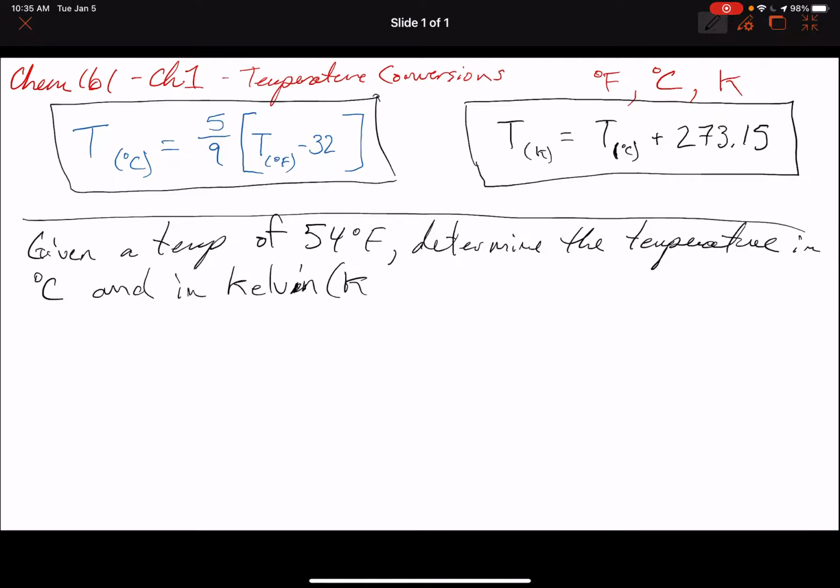Okay. So maybe we'll call the first part A, and the second part B.